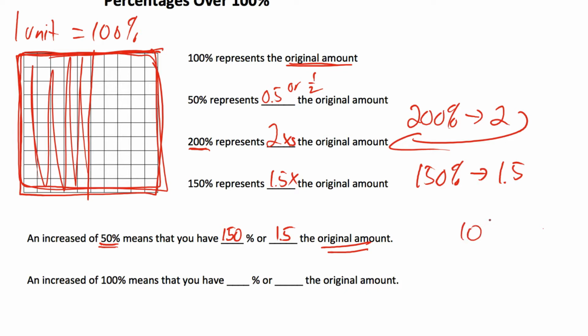If the class increases by 50%, 50% of 10 would be 5, but that would be the increase, so we would now have 15 students, which is 1.5 times our original amount. And an increase of 100% would mean that you would have 100% more than your 100%. In other words, you would have 200%, or 2 times the original amount.